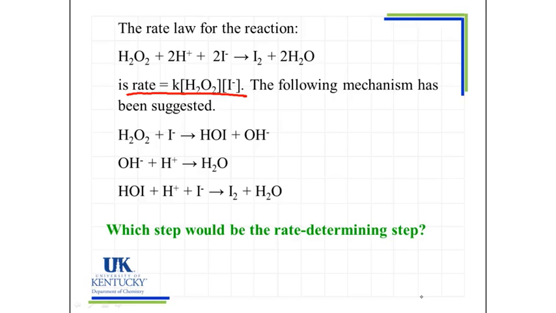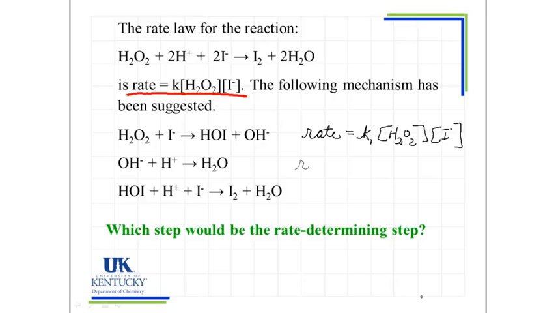Well, the way that you would figure this out is to come up here and write the rate laws for each of these elementary steps. For this elementary step, rate is equal to, and we're going to call the rate constant K1 because this is just step 1, times H2O2 raised to the first power, and I minus raised to the first power.